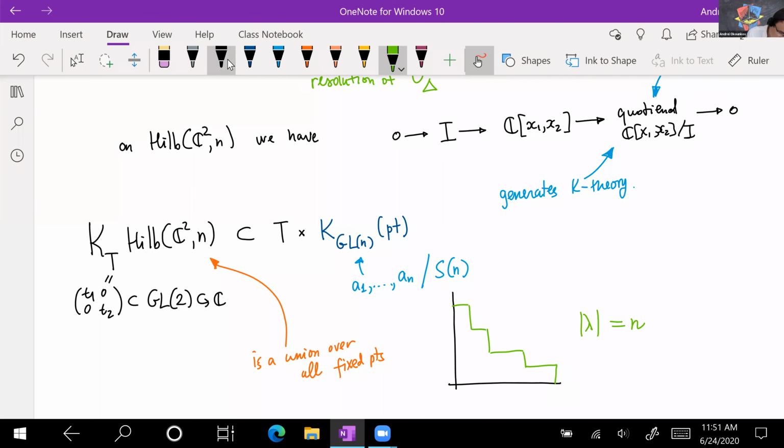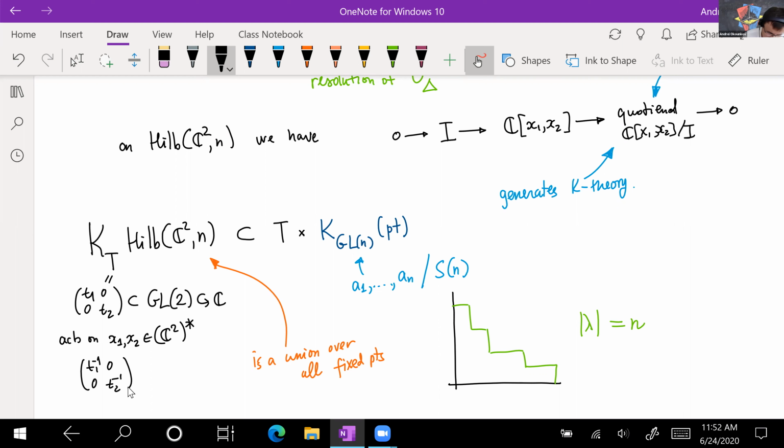And so very canonically, the torus T1 and T2 acts on the coordinates, maybe x1, x2, which are in the dual of the space here. And so this acts by the inverse transpose, T1 inverse, T2 inverse.